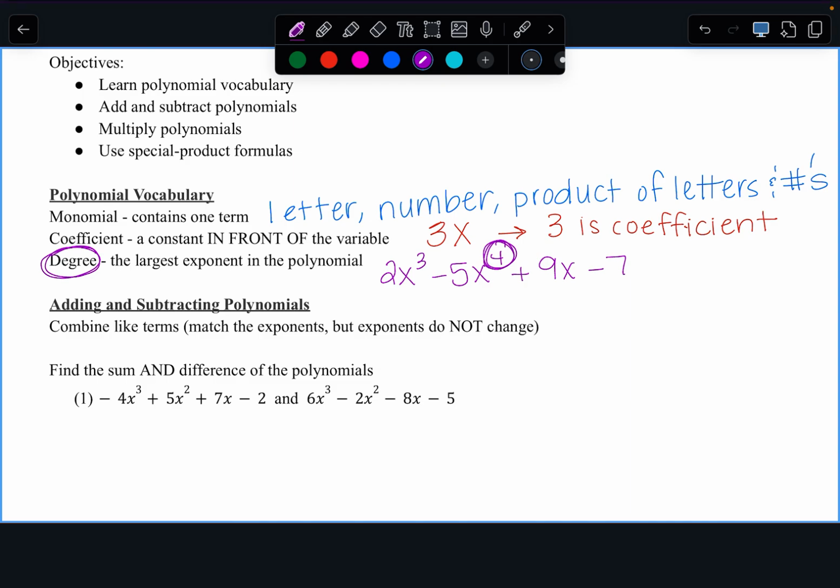In order for something to be a polynomial, you can only have positive, real, integer exponents.